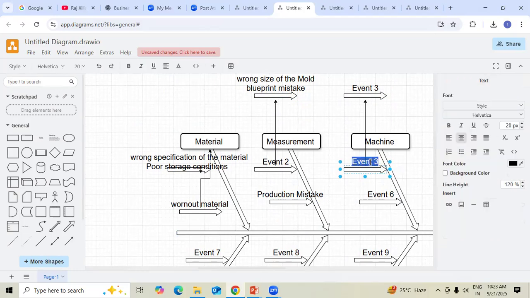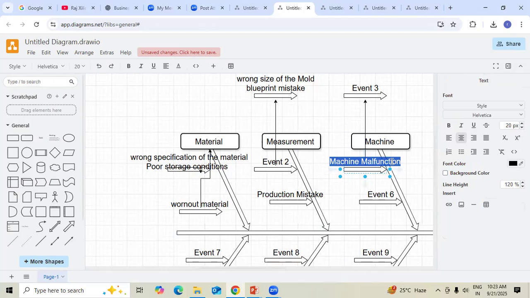So for example, if this is the event that we have taken, it can be a machine malfunction.